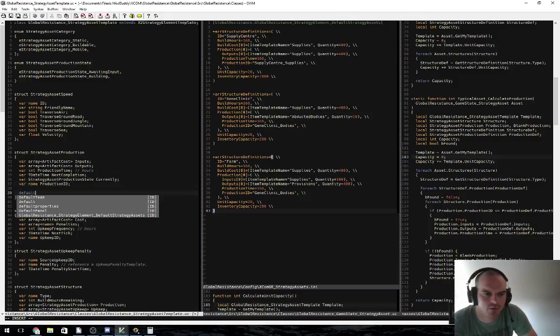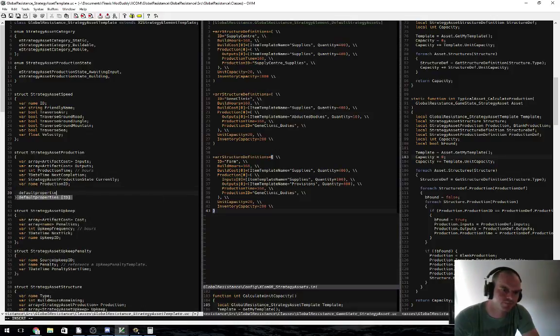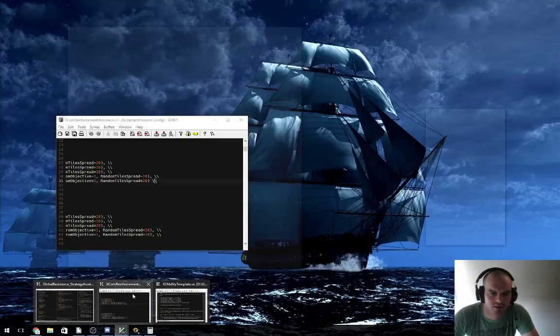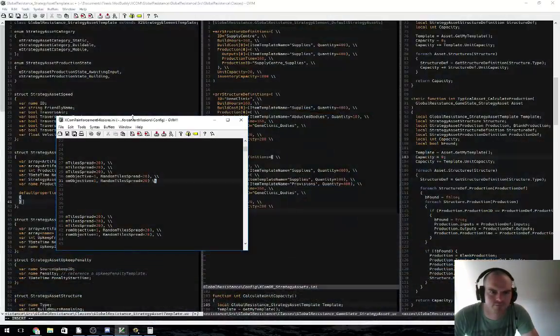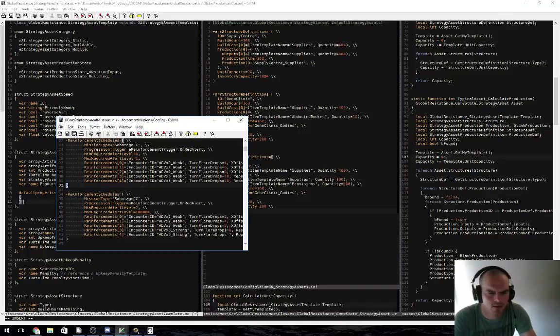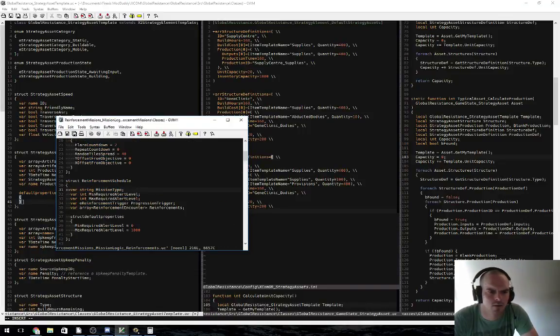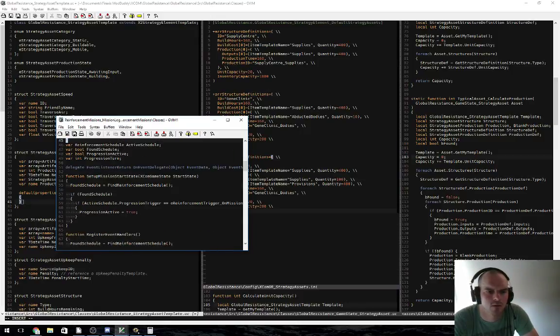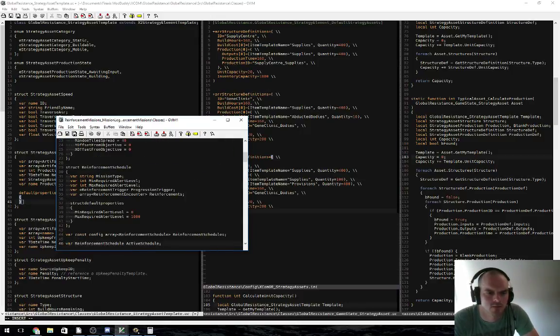Alright, default properties. Let me remember some syntax by checking an old example. Alright, that'll do.